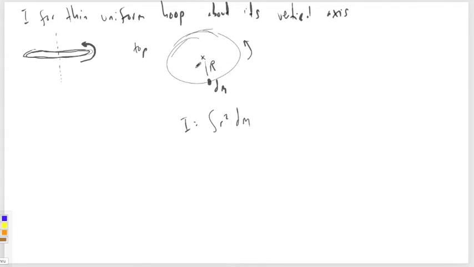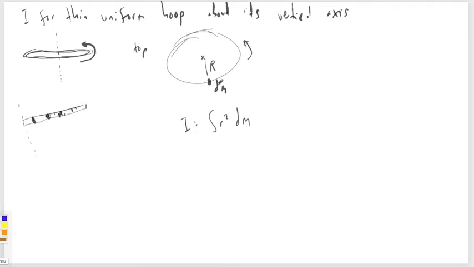If this is a true circle, then every little mass piece is going to be located at a constant r value. In other words, it's unlike the rod. With the rod, my mass pieces were changing with respect to where they were from the axis of rotation. In other words, here's a little infinitesimal mass piece located at some x value. Here's another one located at a bigger x value. So their location with respect to the axis of rotation was changing.